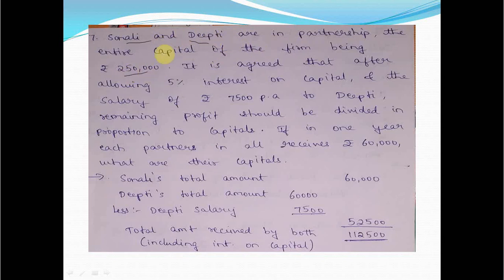It is agreed that after allowing 5% interest on capital and a salary of rupees 7,500 per annum to Dipti, the remaining profit should be divided in proportion to capital. If in 1 year each partner in all receives rupees 60,000, what are the capitals? You have to find the capital.